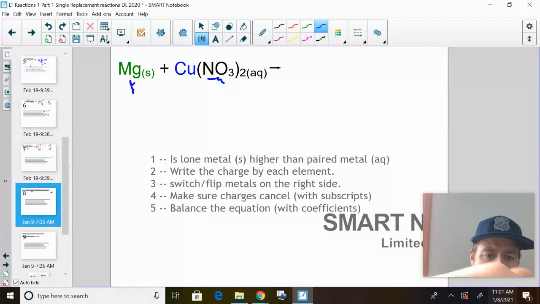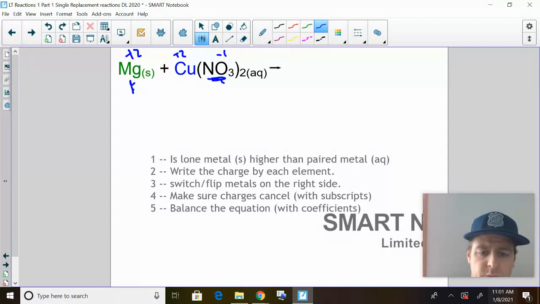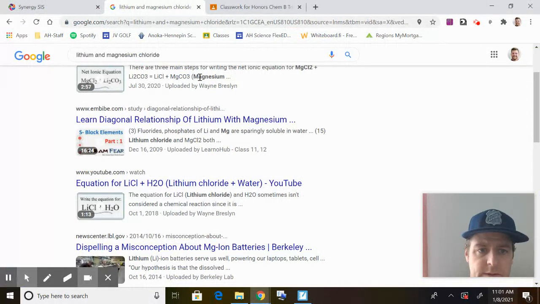So here we go. They're going to switch. Let's write the charge by each. +2, +2. And each nitrate is -1 from the periodic table. I'll put a periodic table on.